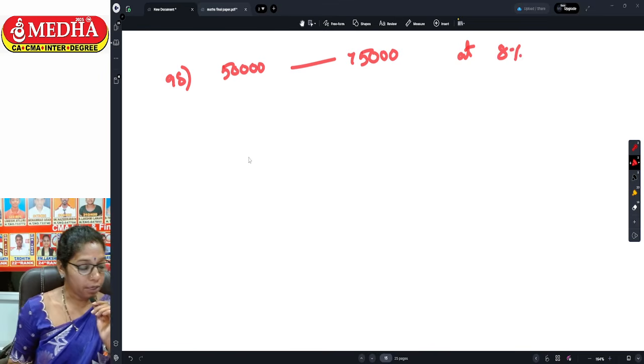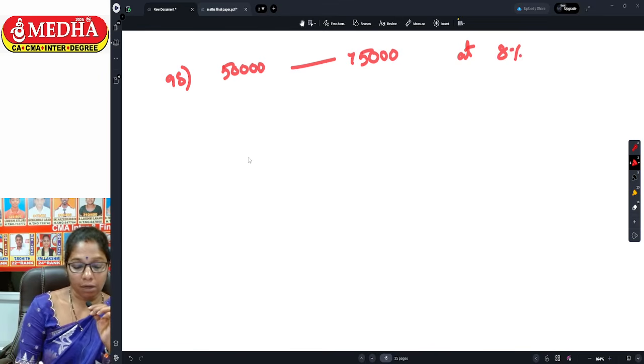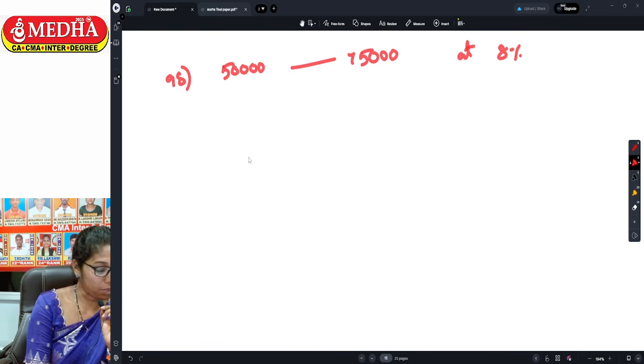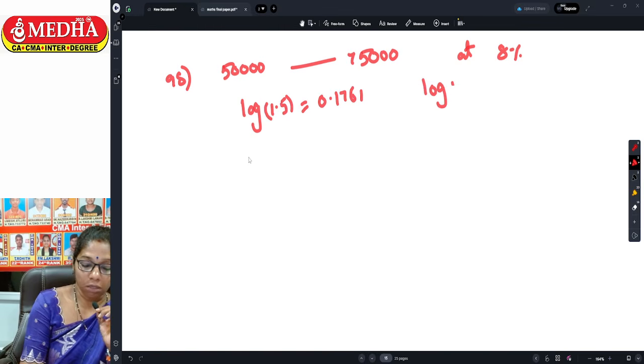They asked for the time period. Another data given is log 1.5 value is 0.1761 and log 1.08 value is also given, 0.0334.